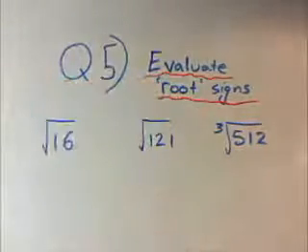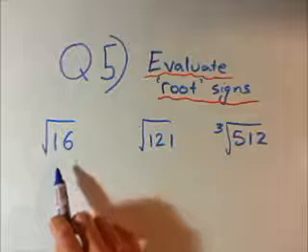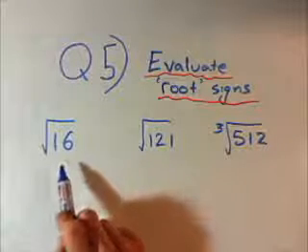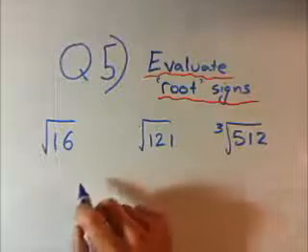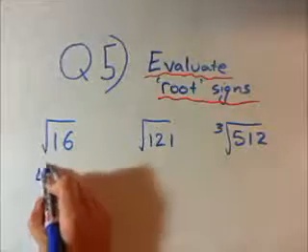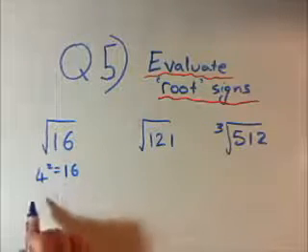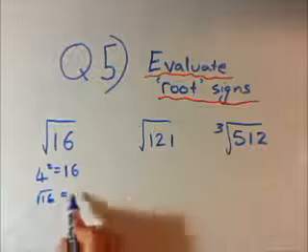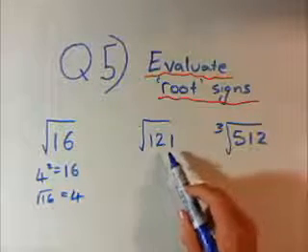Now let's look at what it actually means. The square root of 16 is asking you which number squared equals 16. So using our head, we know that 4 to the power of 2, or 4 squared, equals 16. So reversing that, the square root of 16 equals 4. Let's go look at the second one here. Square root of 121.